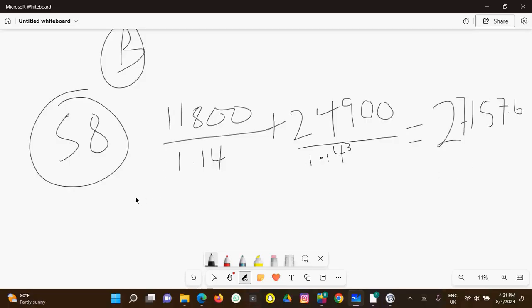So now remember, for the profitability index, PI is equal to the present value of cash flows all over the initial cost, so the initial outlay.